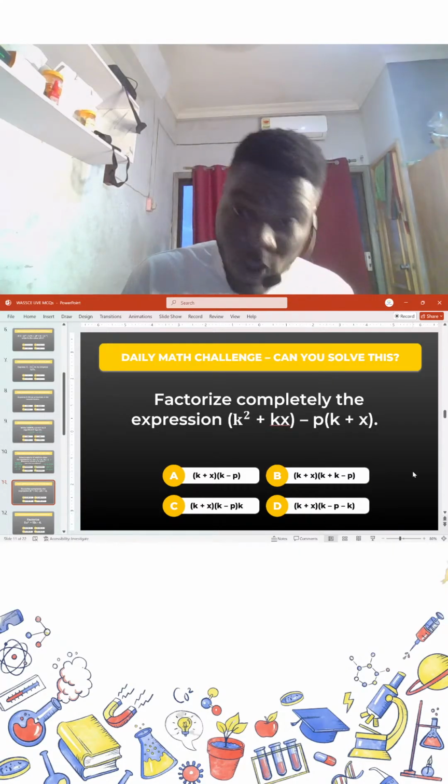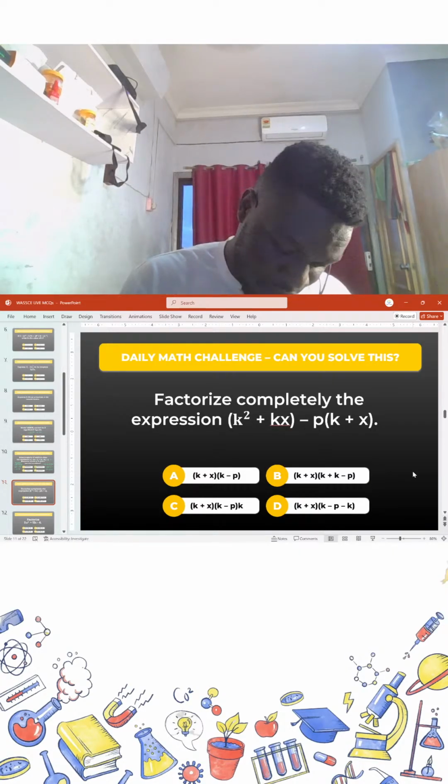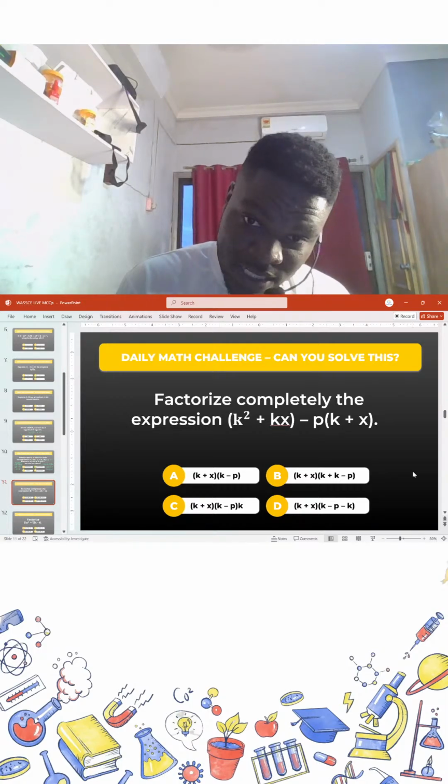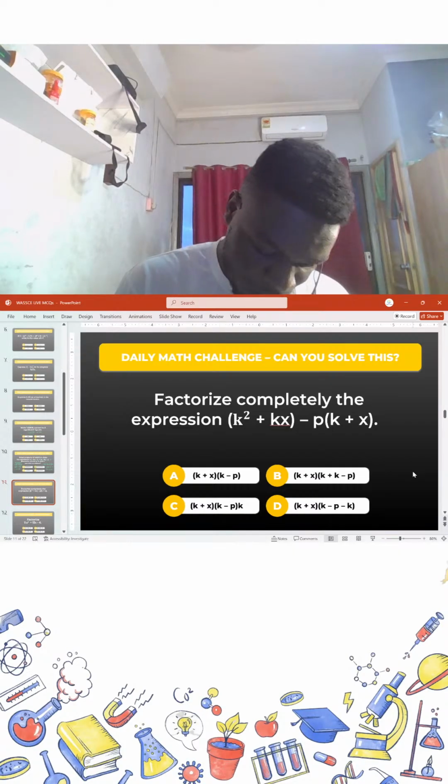If these are my possible options, let me go ahead and factorize the expression that I have. Whilst you're doing it, I'm also doing it. Let's factorize the expression that we can see on our screen. So I am doing mine.